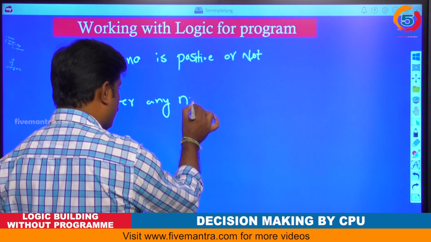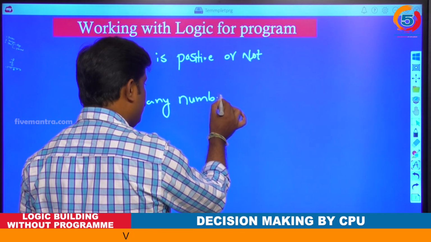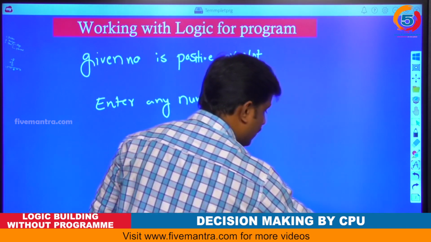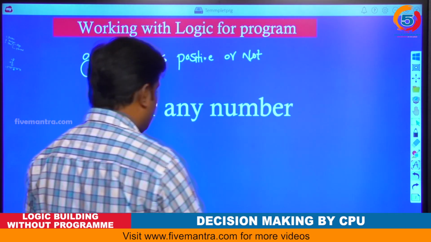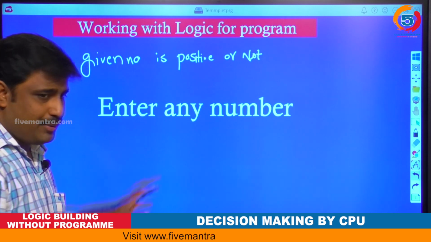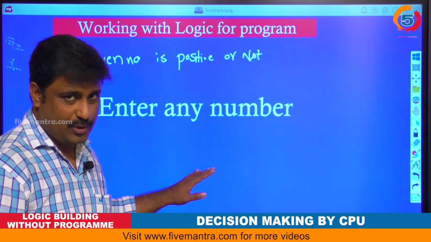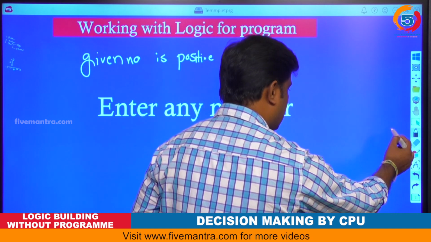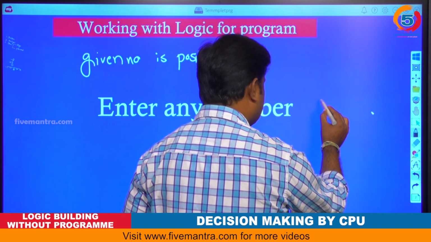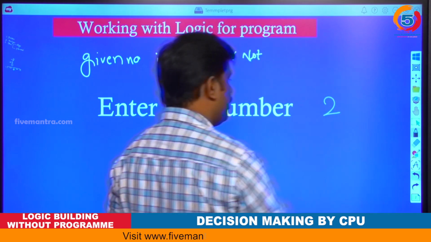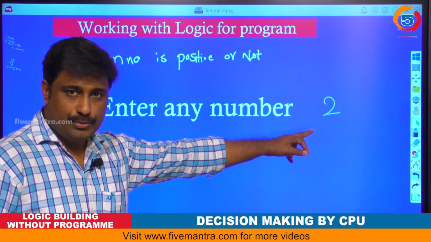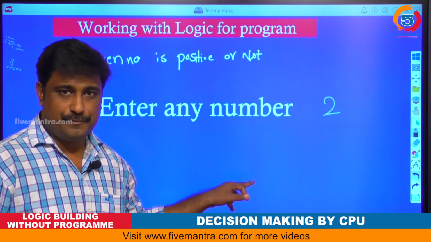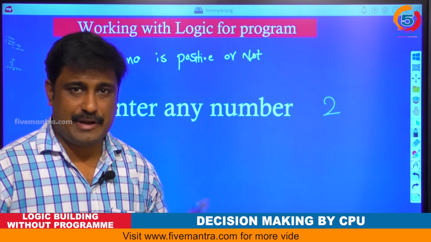It is your question, right? User will enter some number. That is the important question you will ask to the user. He will enter something like 2. When he enters 2, your program has to find whether 2 is a positive number or negative number.